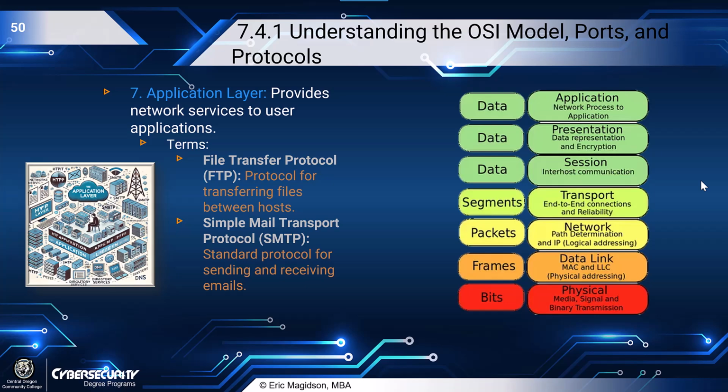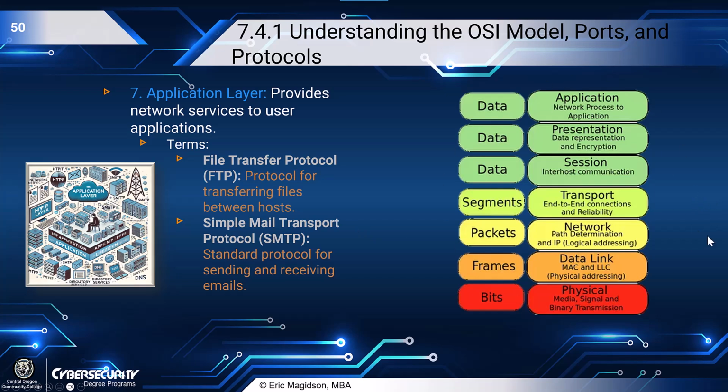That application layer, that final layer, that top layer, right? This provides those network services to user applications. So now that we've translated that into information, in an aspect that the application can understand, now we can use that for processing. And a couple terms to know are File Transfer Protocol, as well as Simple Mail Transfer Protocol.